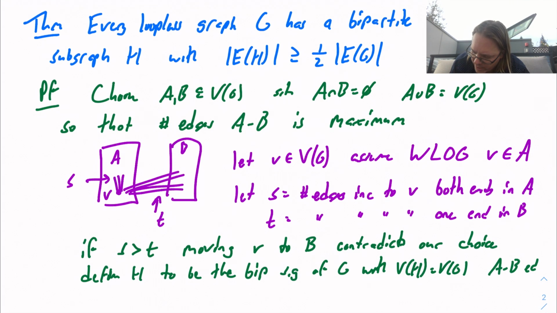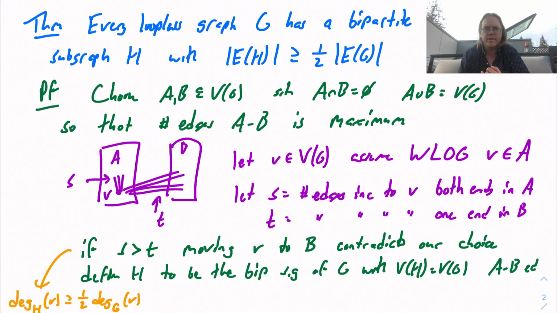So the key feature here, which is coming from this point, what I know is that the degree of V in the subgraph H is going to be at least half of the degree in the original graph G of V, right?